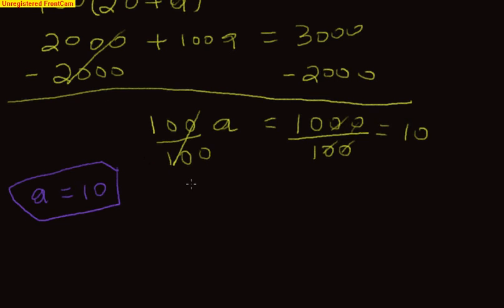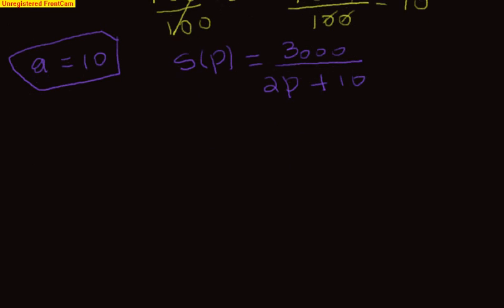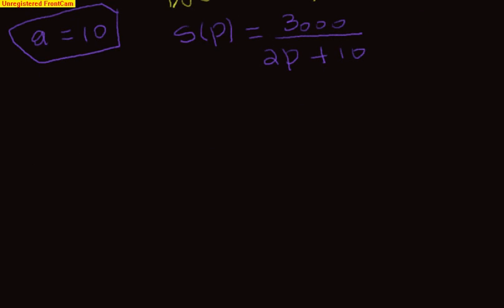So we can rewrite the function now as S of P is equal to 3000, that's also another constant, divided by 2 times P plus 10, because A doesn't change and we just found the value of A. The question asks, what is the total number of cell phones sold whenever the price is $20 per cell phone? So we're looking at P equal to 20. Let's solve this.